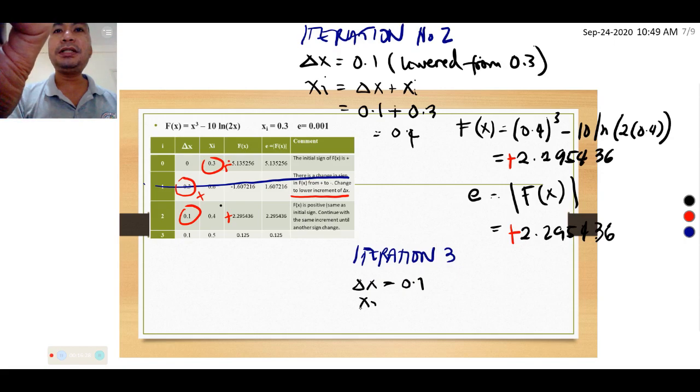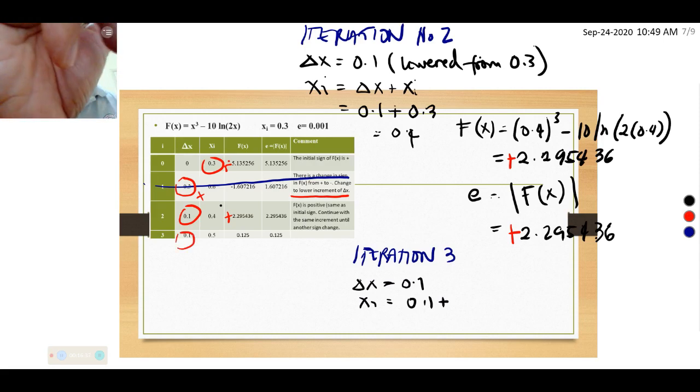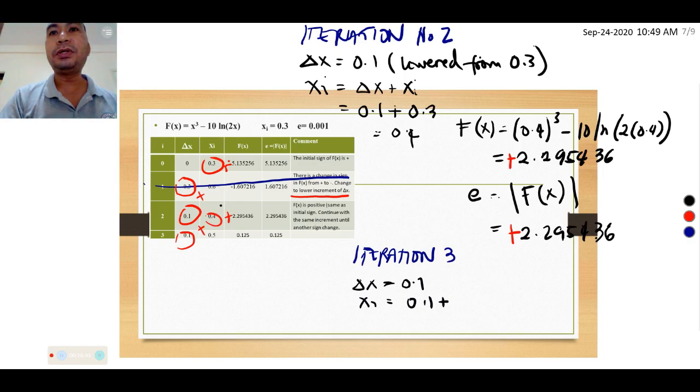So our new xi here will be equal to 0.1 plus, what is the previous? That is 0.1 plus 0.4. That gives you 0.5.